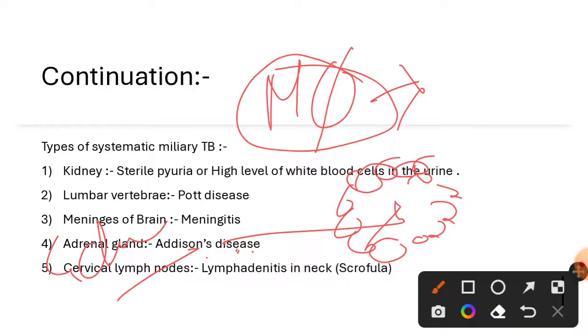This caseating tissue and the associated lymph node are collectively called the Ghon complex. These Ghon complexes are subpleural and occur in the lower lobes of the lung, as I have told you. And now the tissue surrounded by the granuloma undergoes calcification and fibrosis, which leads to the formation of scar tissue that we have named the Ranke complex.